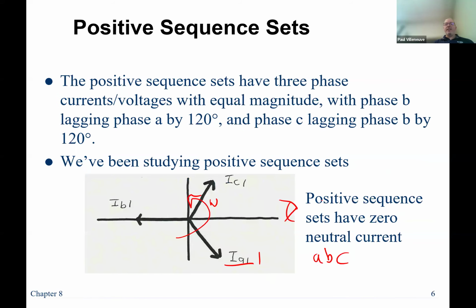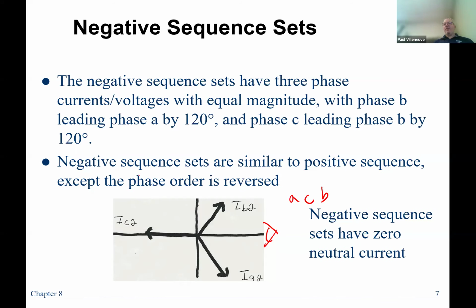Yeah, because if I go back to positive sequence and I flip the rotation around, what's the order that I get? A, C, B. So negative sequence is called negative because now those vectors are rotating in the opposite direction from the positive sequence vectors.